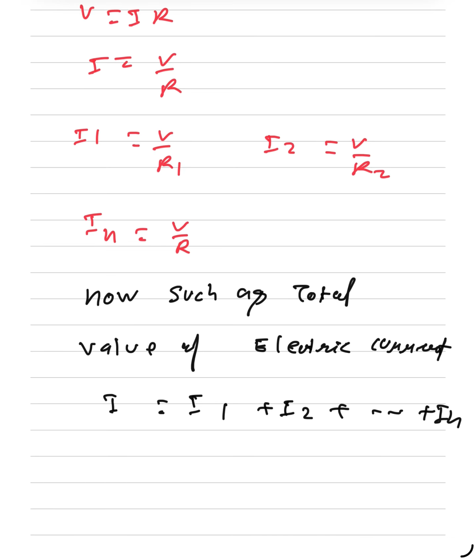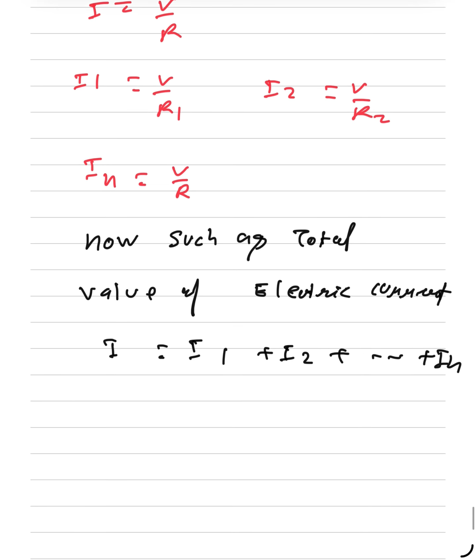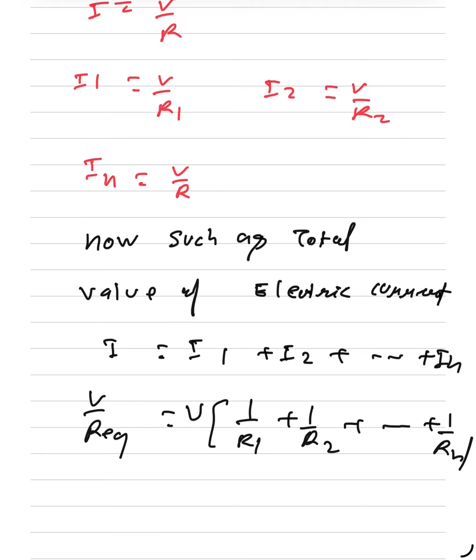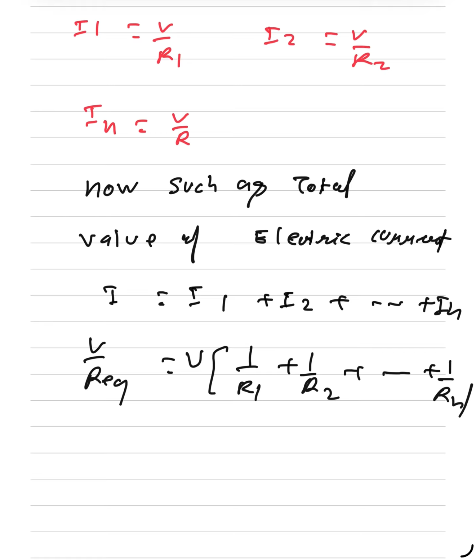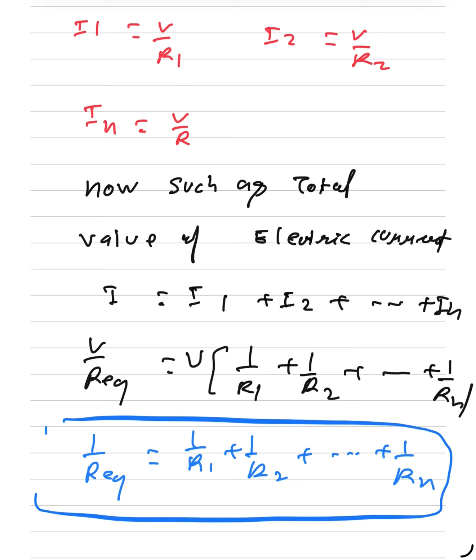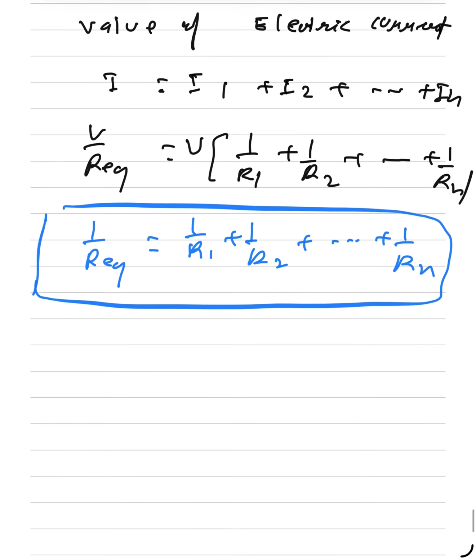Putting in all the values of I1, I2, I3 and In, and here V divided by R equivalent, V is a common factor on this side, 1 by R1 plus 1 by R2 plus dot dot plus 1 by Rn, and V cancels out from LHS and RHS. So R equivalent in parallel combination of resistance: 1 by R equivalent equals 1 by R1 plus 1 by R2 plus dot dot plus 1 by Rn.